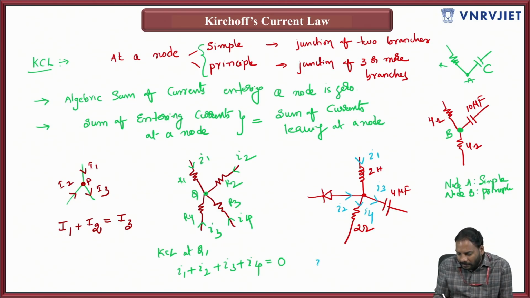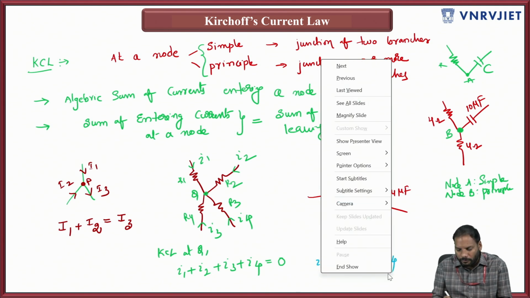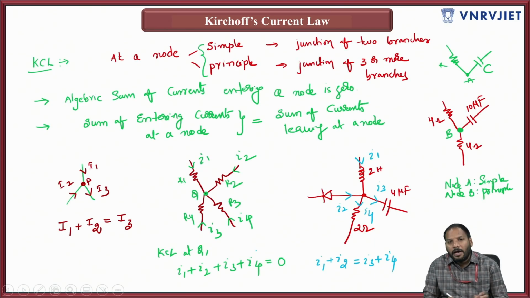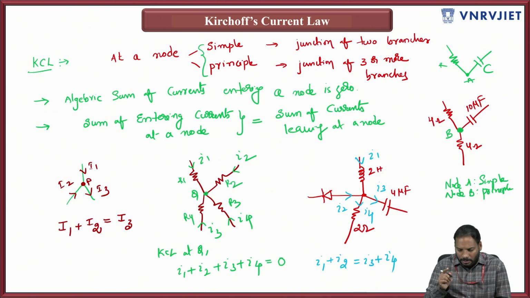So I can write the currents entering the node, I1 plus I2, equal to the currents leaving the node, I3 plus I4. In this way I1 plus I2 equals I3 plus I4; I can apply KCL in such cases also. Having this in mind, we'll go ahead in solving problems of KCL.